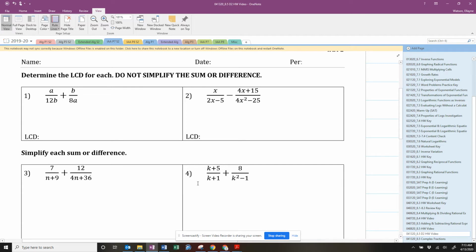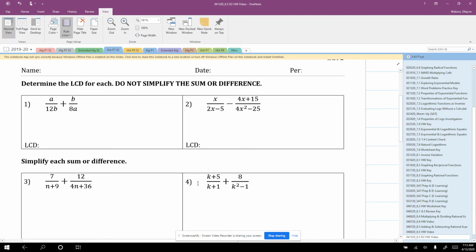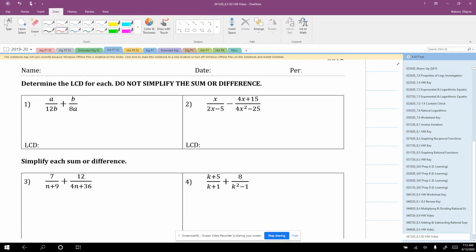So one of the questions was specific questions about number two and how I got the LCD. So here's what I do: I look at each term and I look at the denominator of each term. Okay, so I know my LCD must have a 2x minus 5, right? That takes care of that. Now, in order to figure out the second one, I need to factor this.